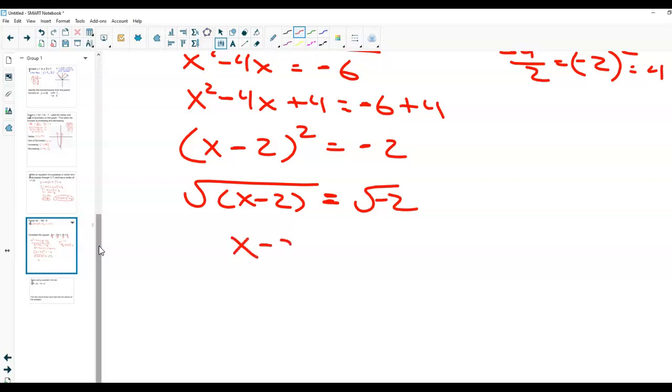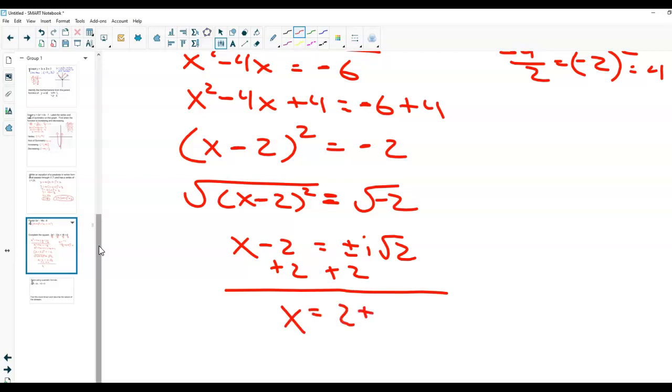And that is x minus 2 squared. That is x minus 2 equals plus or minus i root 2. You have to simplify that radical. And then we finish by adding 2 to both sides. So my answer is 2 plus or minus i root 2. That's completing the square.